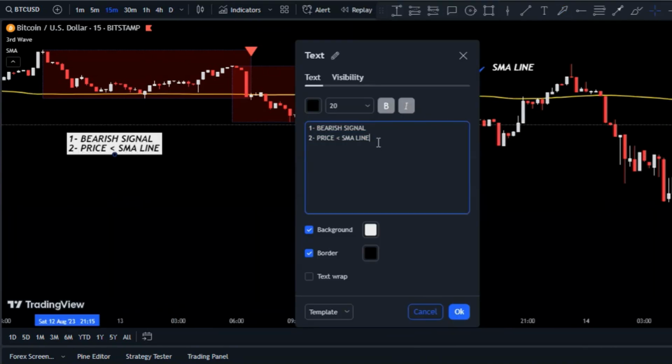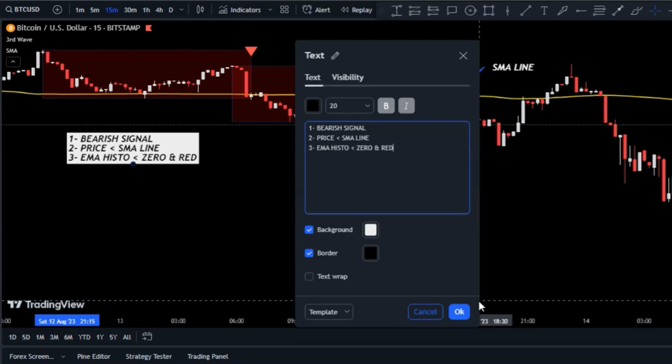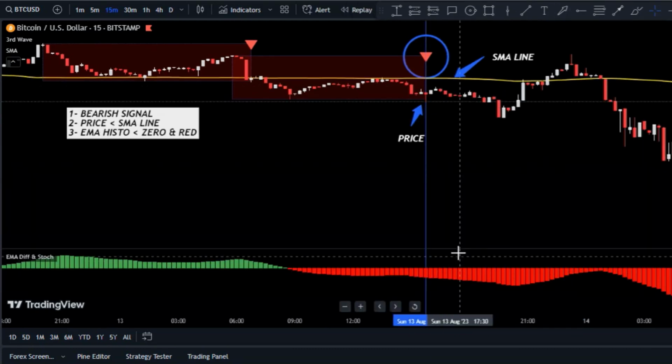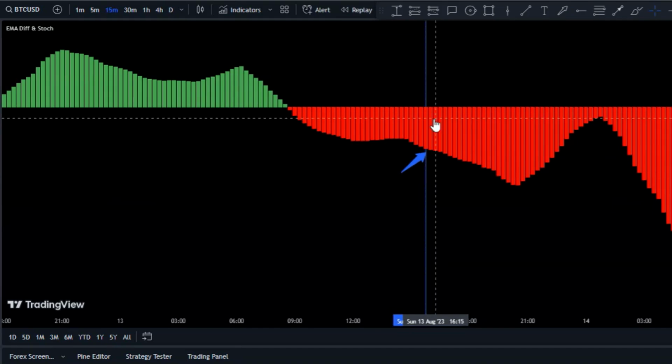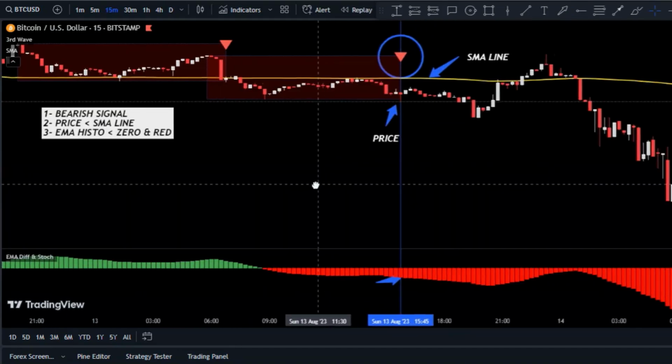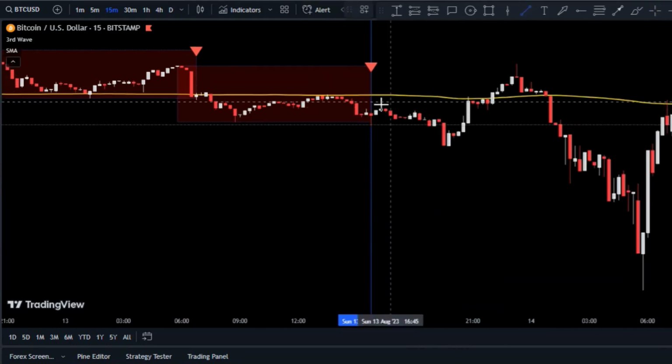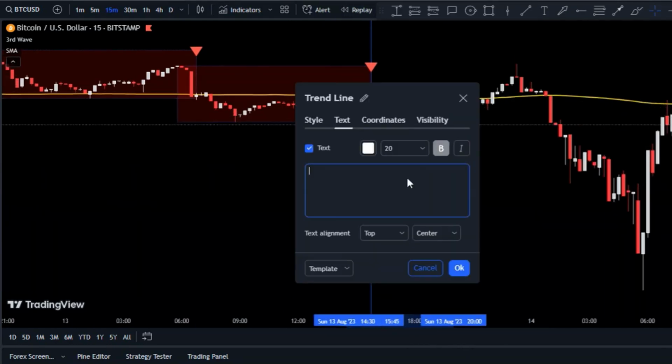In the final step of confirmation, the histogram associated with the signal should be red and positioned below 0. So, if all these conditions align, you're then ready to open a short position in the market.